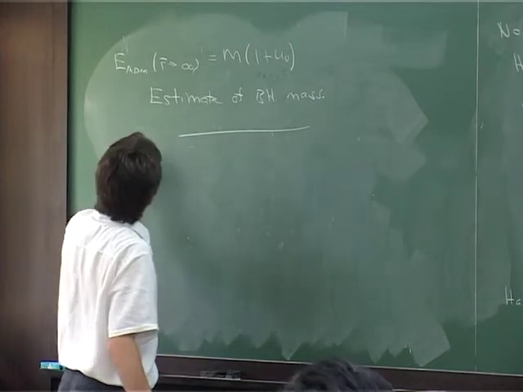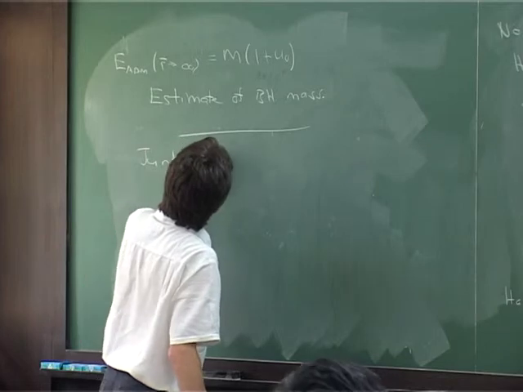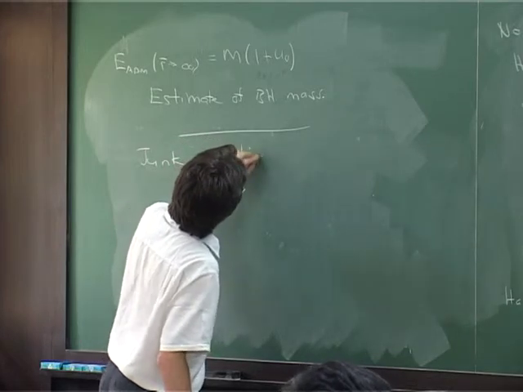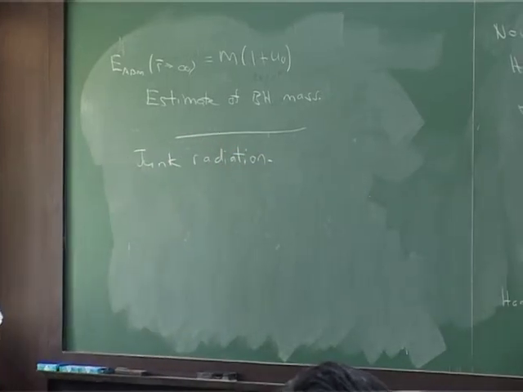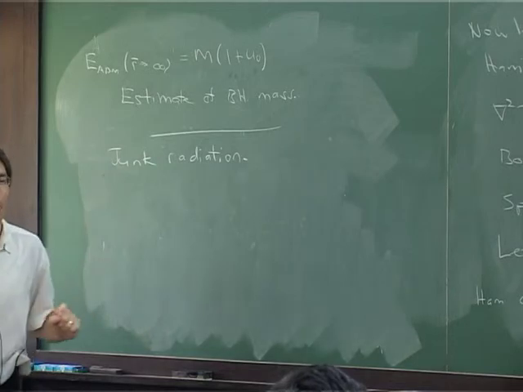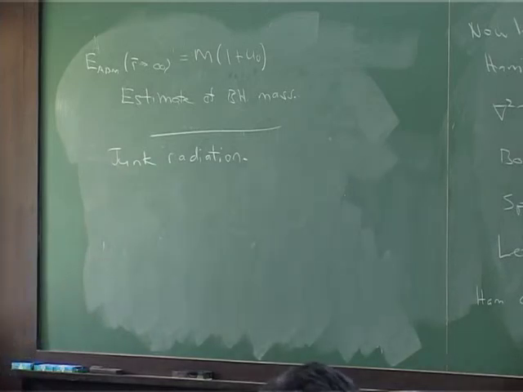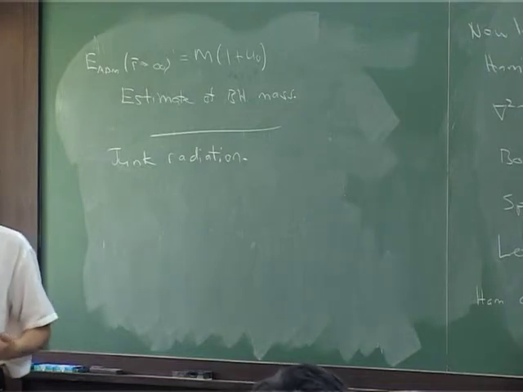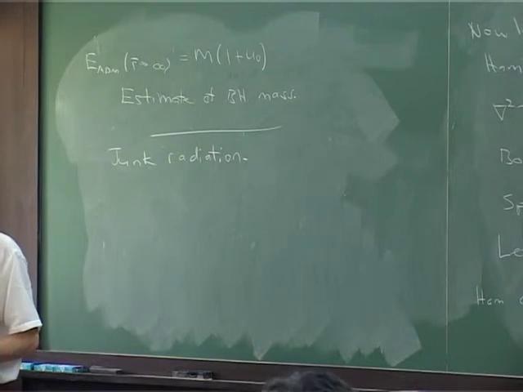Radiation. I'm going to reveal my prejudice about this radiation right from the beginning by calling it junk radiation. This is what everyone calls it because it's trash. We do not want to produce a black hole with some radiation.